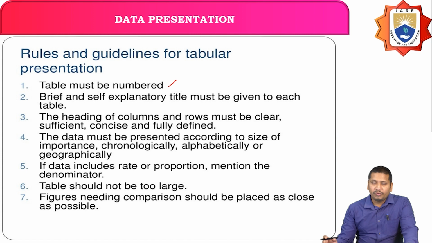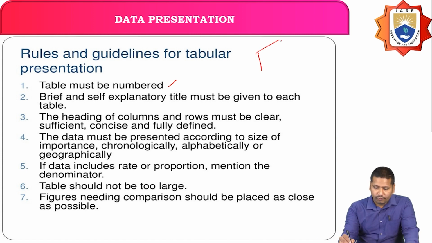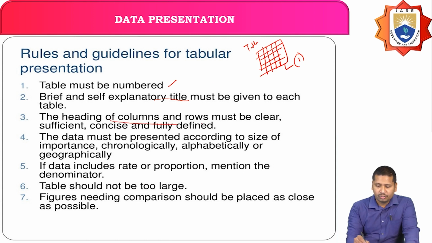Before presenting the data in the form of a table, we have to follow some guidelines. The table should be numbered, and a brief explanatory title should be given. The headings of columns and rows must be clear, concise, sufficient, and fully defined.